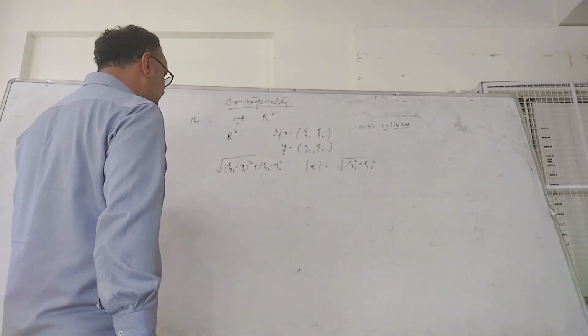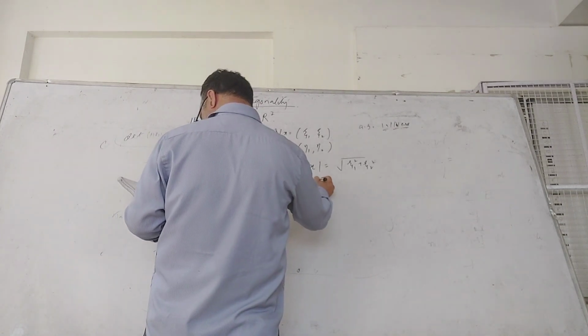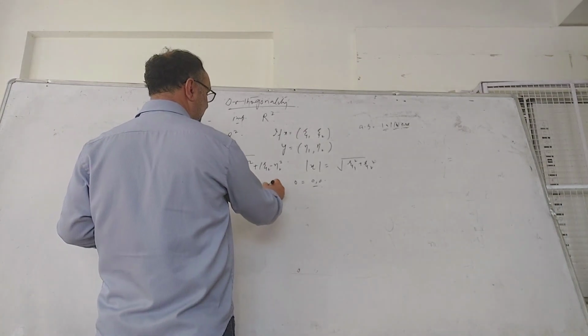If the distance is from the origin, then it will be 0, 0. The distance between the two will be x minus y.